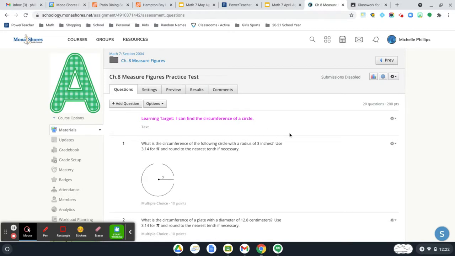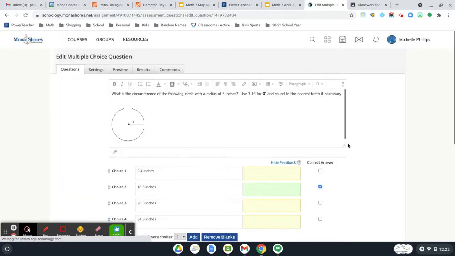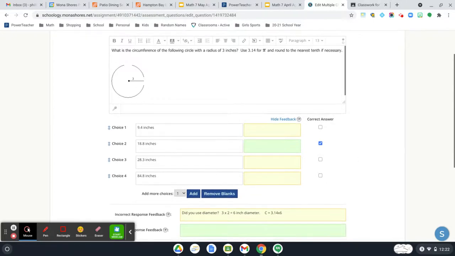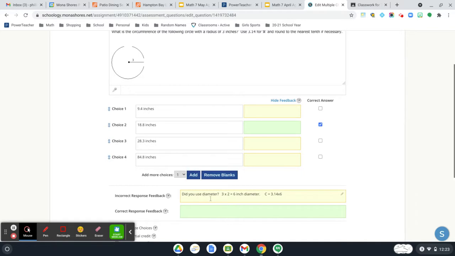One other thing I want to show you, I'm going to open up question number 1 here. And what I did with every question on the practice test is I put feedback in. So for example, let's say you get number 1 wrong. What's going to happen is it will come up with this feedback here in front of you. It'll say, did you use diameter?